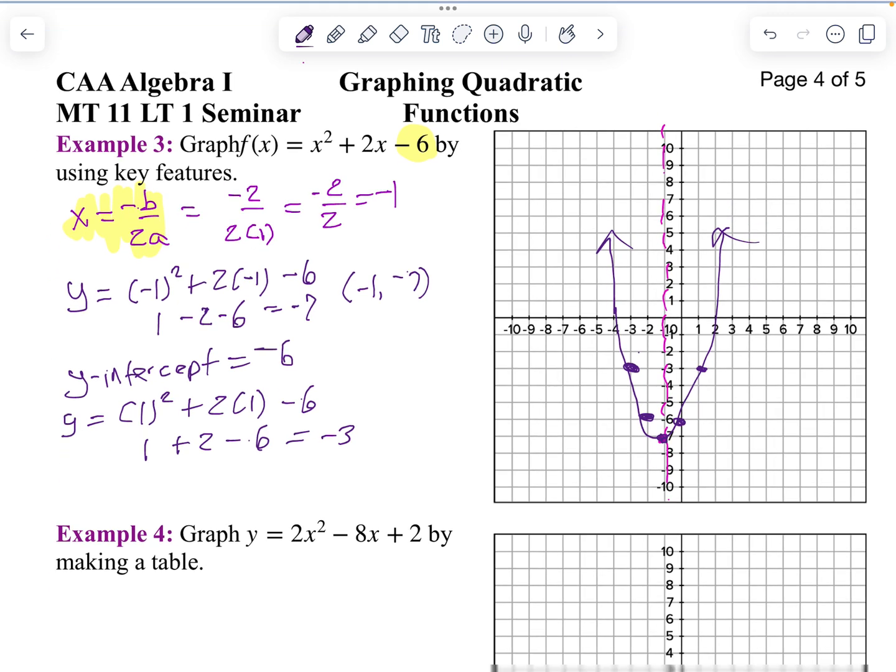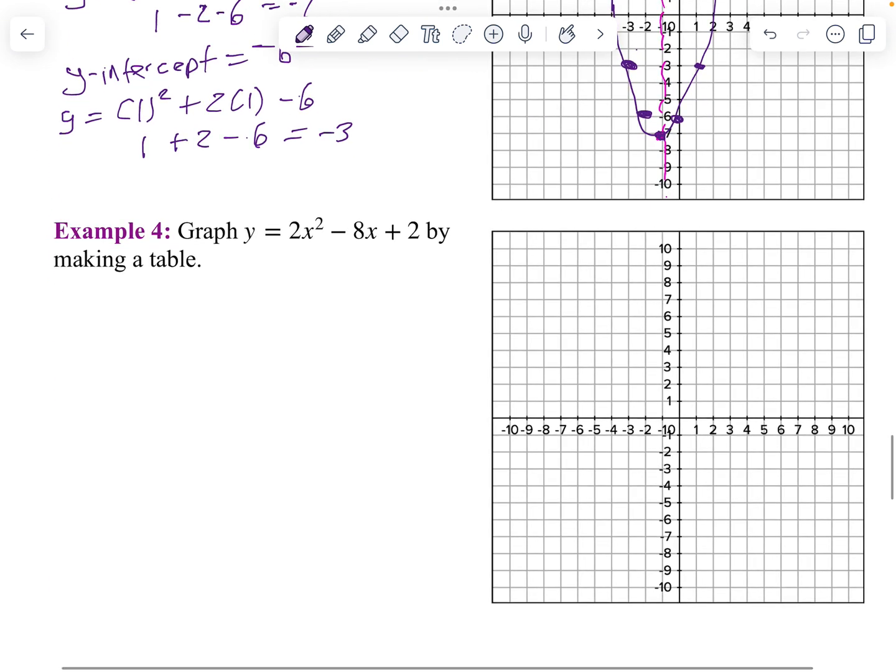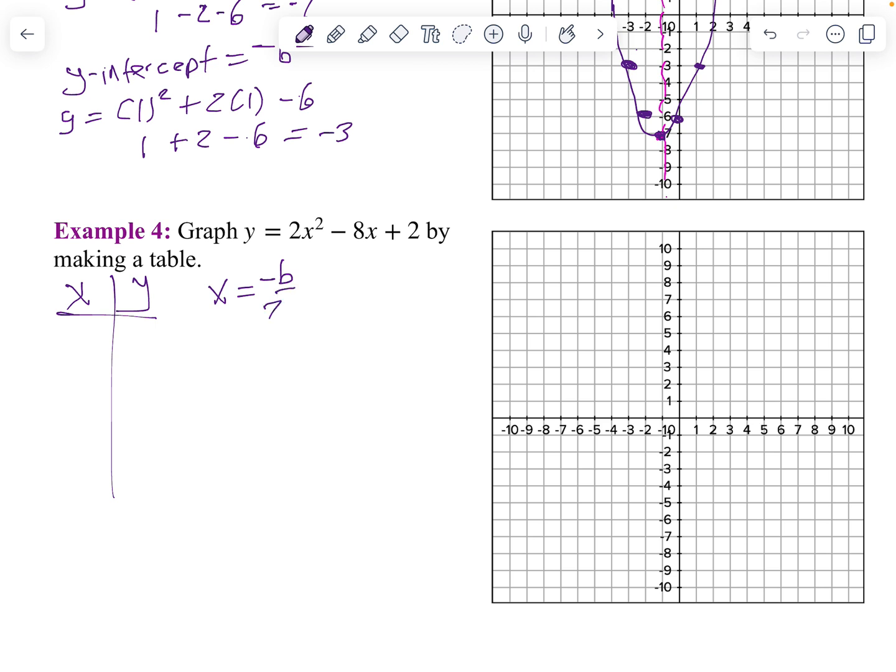Well, when I tell you to make a table, you don't do it that much different. The only difference is I'm going to make my table over here, but I'm kind of going to do the same thing. First, I'm going to find my axis of symmetry. So we say x equals negative b over 2a.